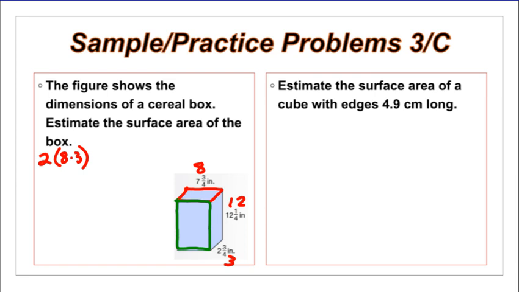Actually, we have 2 of these panels, front and back. And so this is going to be 8 times 12. So we have 2 groups of 8 times 12. And then we have 2 panels here, which would be 12 times 3. So 2 groups of 12 times 3. And there are our 6 sides.